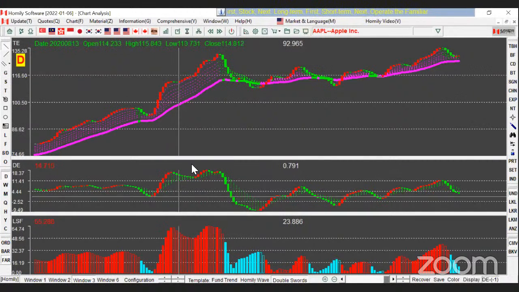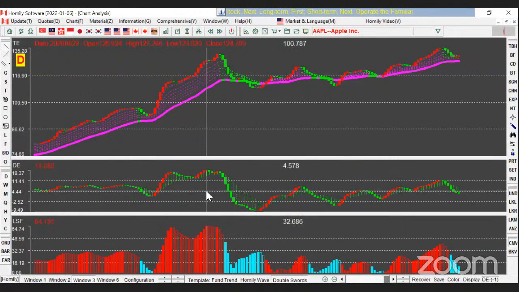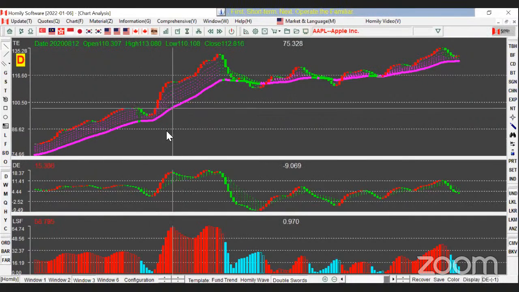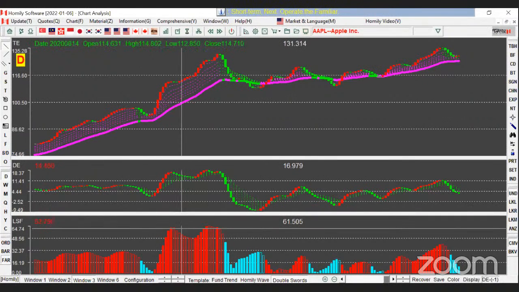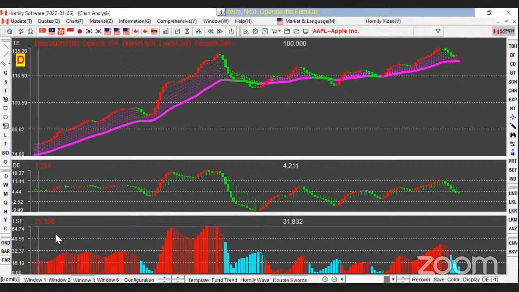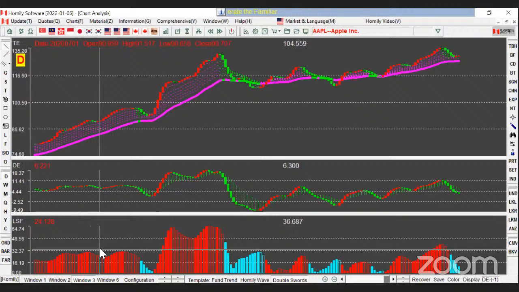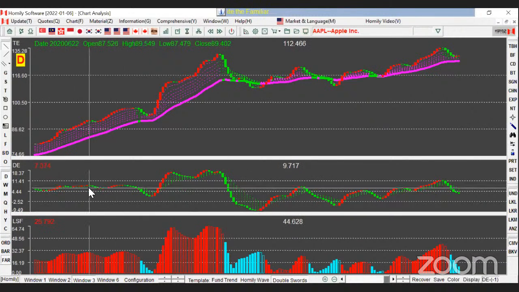One confirms the other. But the basics should be TE and DE. These are the necessary components of this combination, and AOSF is optional because it's the confirmation of Deviation Expert.